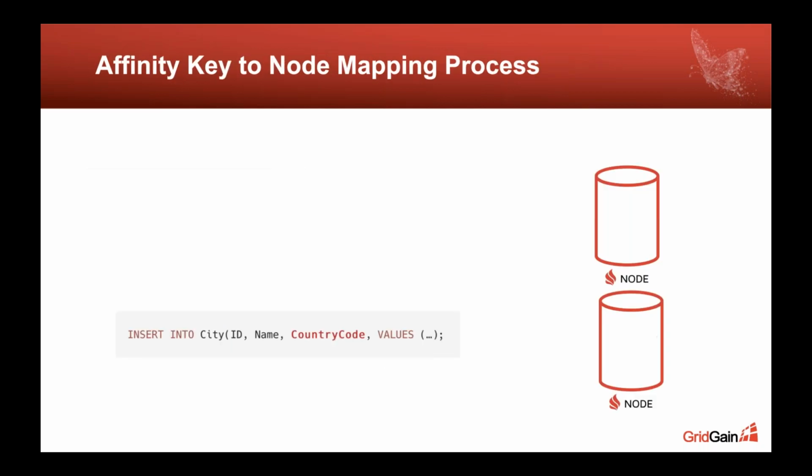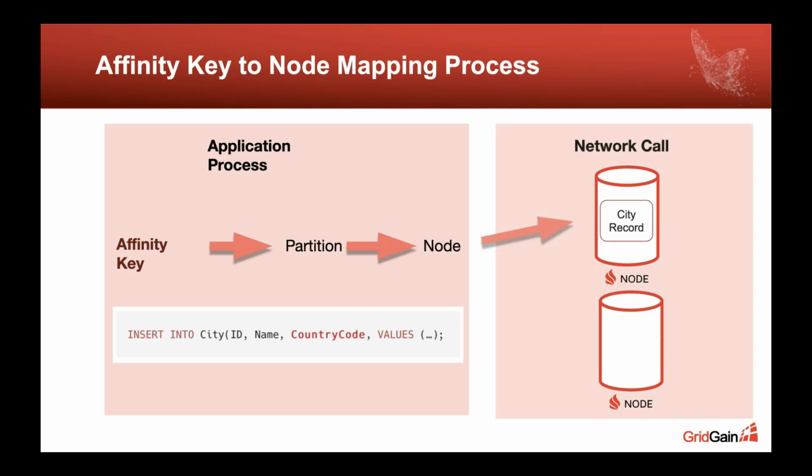And once you do this, it's obvious that when you ask Ignite to execute a query of this kind, when you want to insert a new record in the cluster, Ignite will take the value of your affinity key to calculate a partition number and then to calculate the target node. With this calculation, it might happen that the first node should store this record.